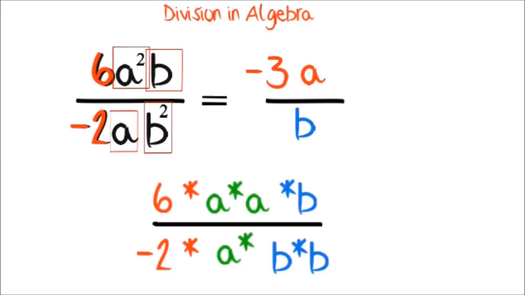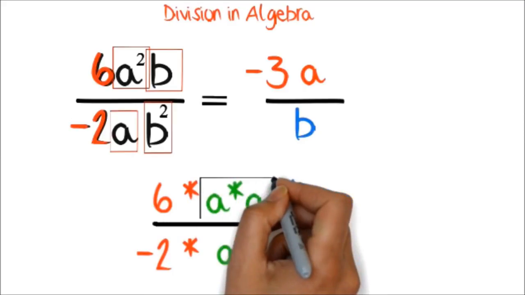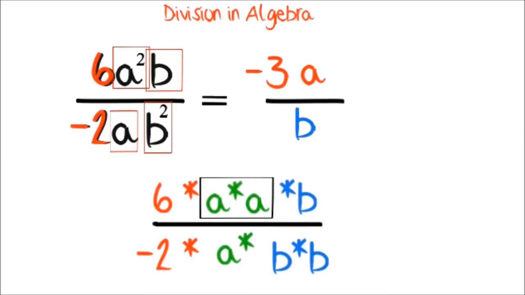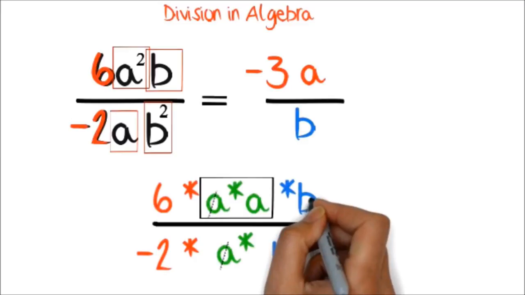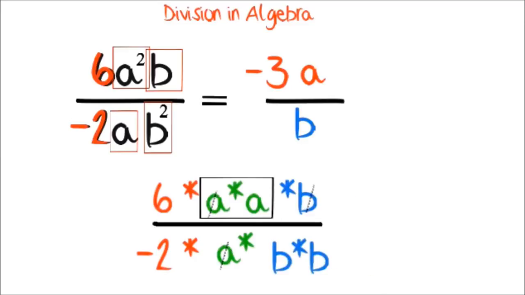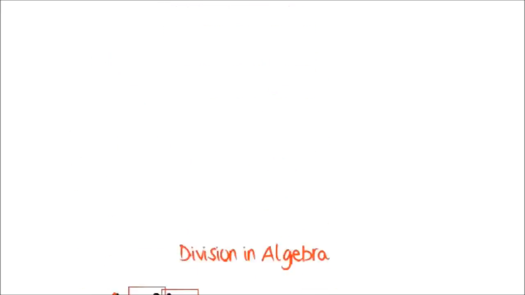A squared is the same as a times a. So we are just splitting the exponents and canceling the common letters. Notice that we did the same for the b. After the cancellation, we notice that we have 1a at the top and 1b at the bottom.